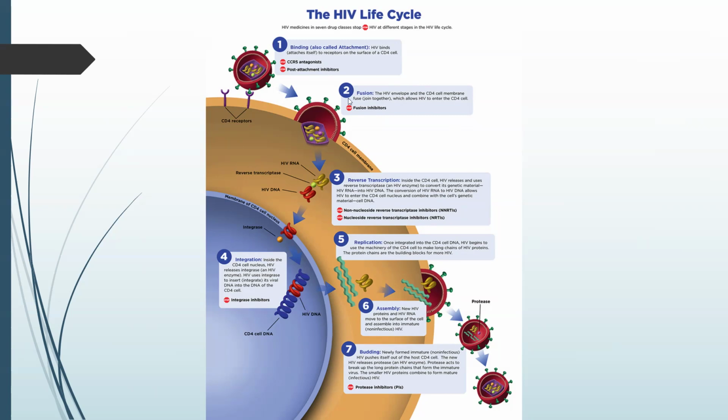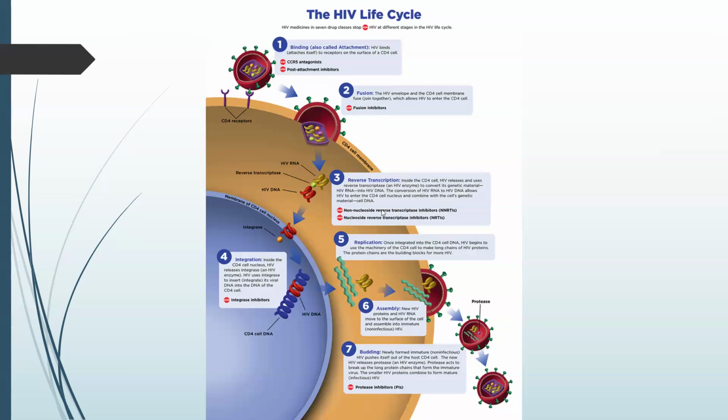And what I like is this, 1, 2, 3, 4, 5, 6, 7. It shows the medications and where they interfere with this whole process. So we have this one that stops the process post-attachment, preventing the HIV from attaching well to the CD4 receptors. This one is a fusion inhibitor. It prevents the virus from fusing with the cell and dumping its genetic material.